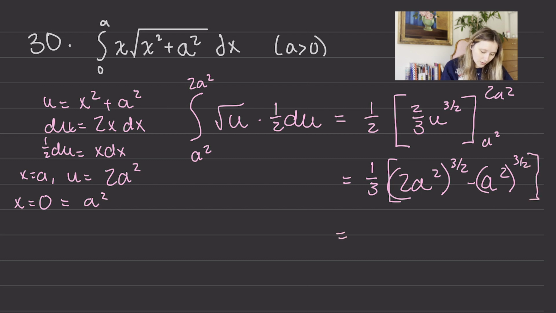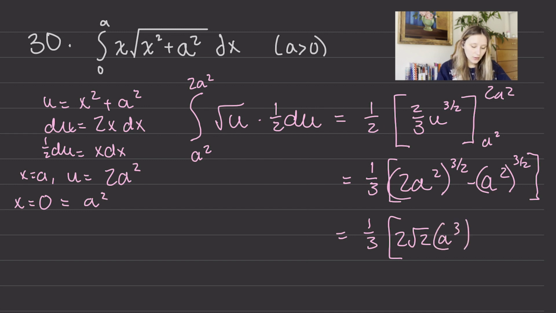We get 1/3. 2a squared to the 3/2 is going to be 2 to the 3/2 times a cubed. What is 2 to the 3/2? 2√2, I guess. But that's not really cute. And then a squared to the 3/2 is going to be a cubed, minus a squared to the 3/2 is going to be a cubed as well.